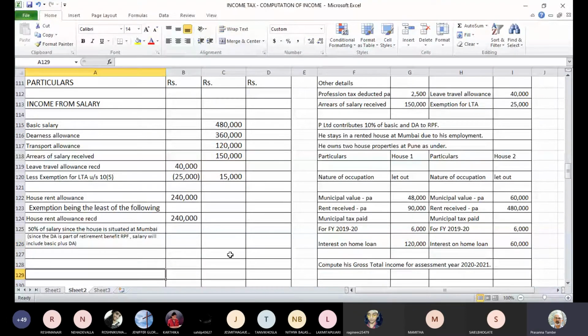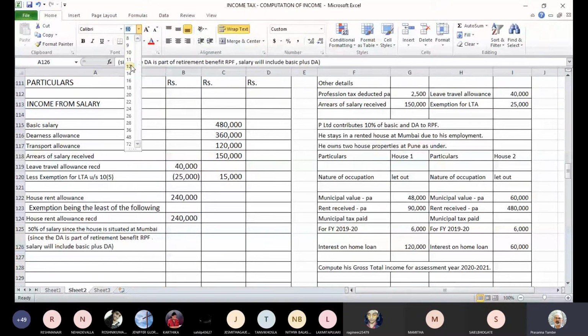Since DA is part of retirement benefit, salary will include basic plus DA. This is for your reference only.